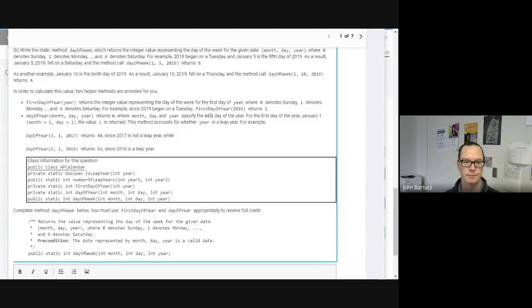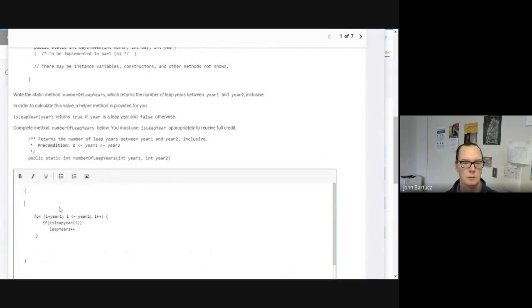I'm going to say int num leap years equals 0. Right? Because if they give us the same 2 years, year 1 and year 2 are both 2021, there are no leap years in there.